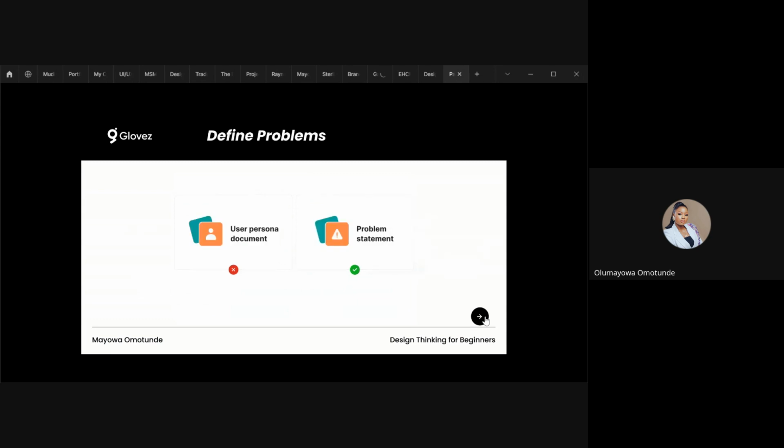So in defining your problems, you need to come up with a problem statement, not jump into creating user personas, right? You need to first flesh out the problem.